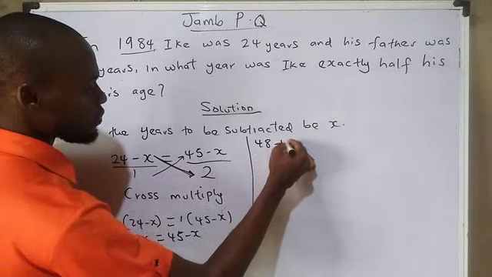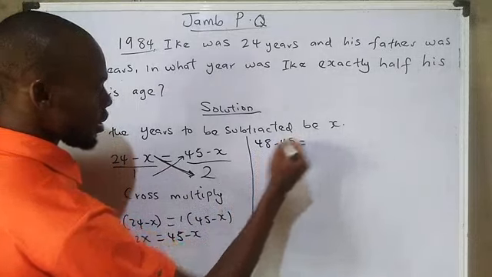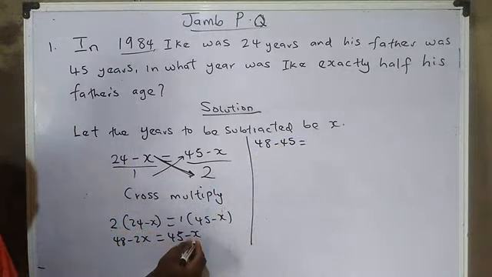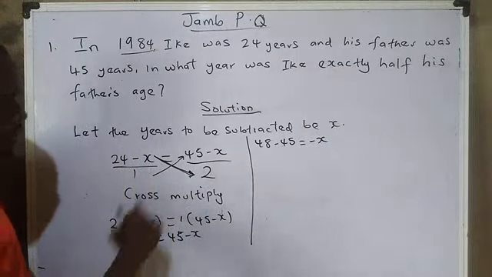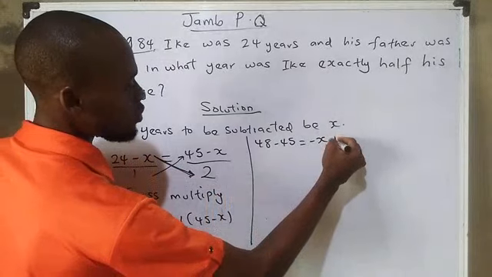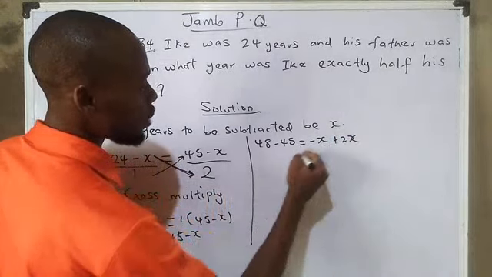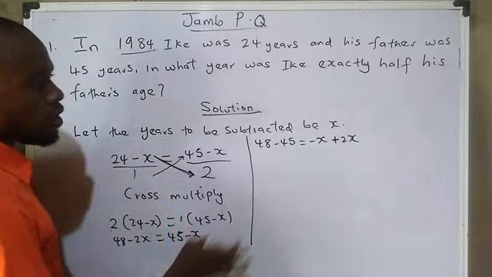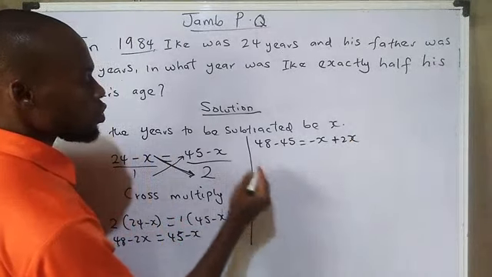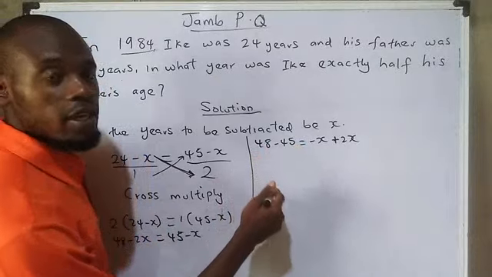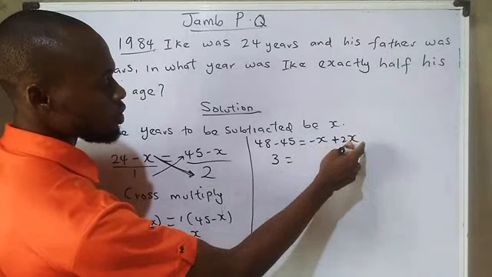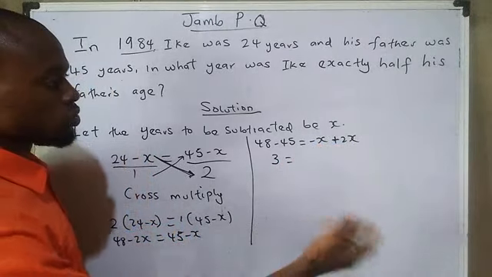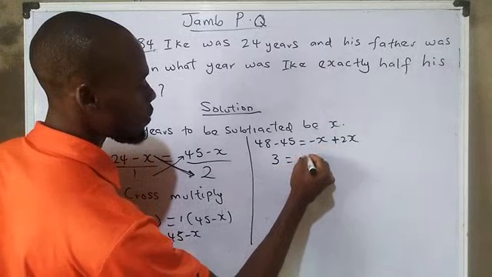It becomes minus 45, and what will be left here is minus x. Take this minus 2x to go and meet it, that will become plus 2x, right? Good. Now, 48 minus 45, that's 3, and minus x plus 2x, just like saying minus 1 plus 2, so that will be x.